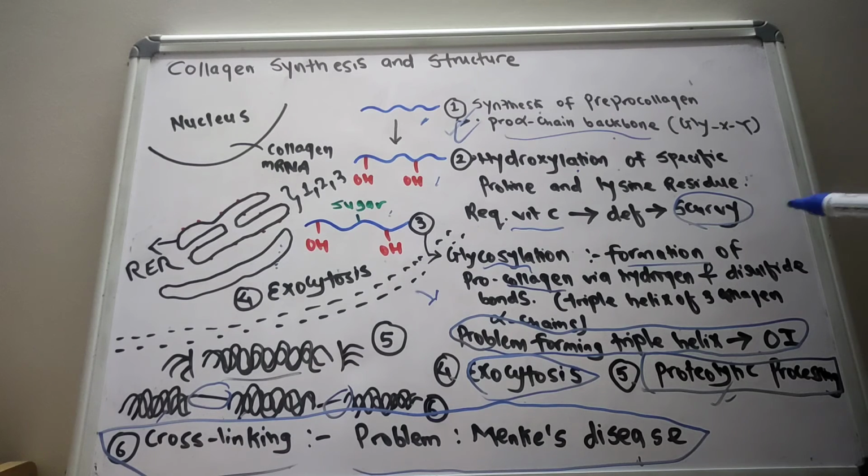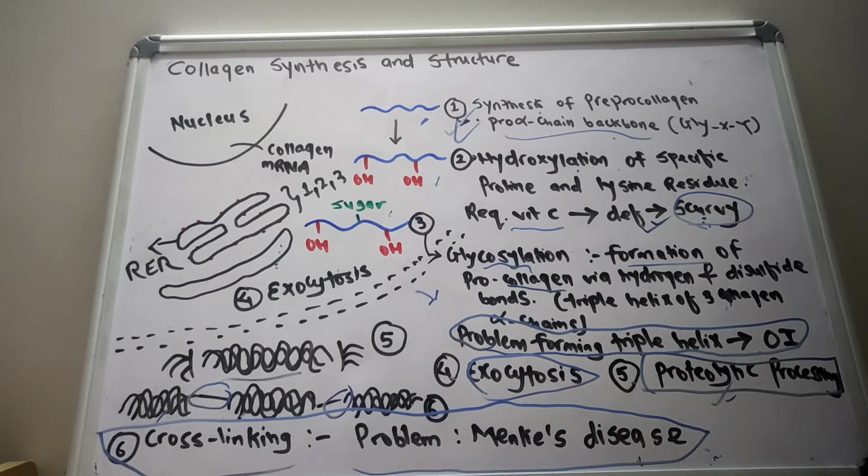If there is vitamin C deficiency during hydroxylation, scurvy occurs. If there is a problem forming the triple helix, osteogenesis imperfecta occurs. And if there is a defect in cross-linking, Menkes disease occurs. You should know this in detail.